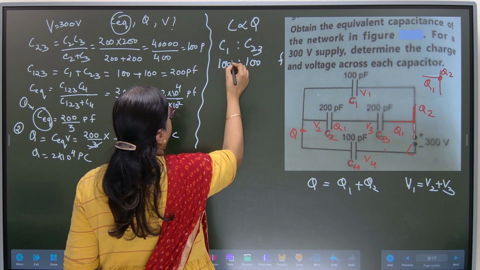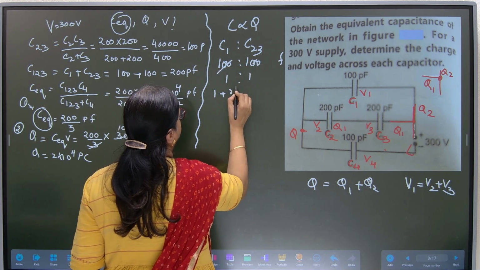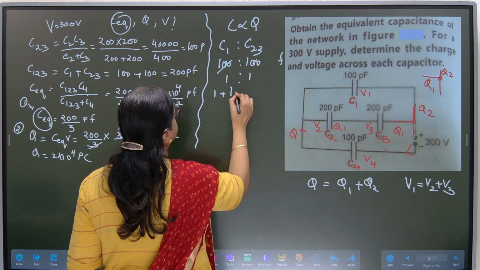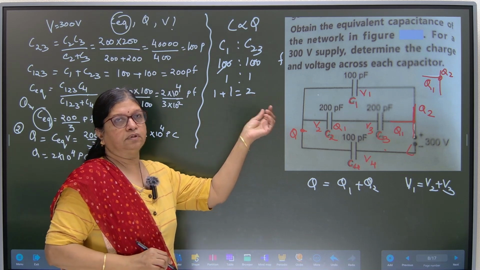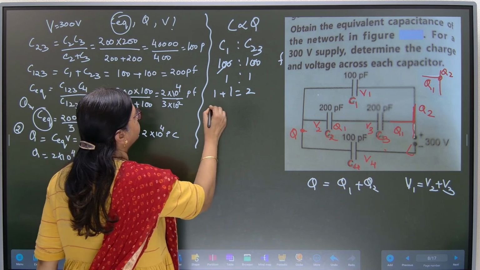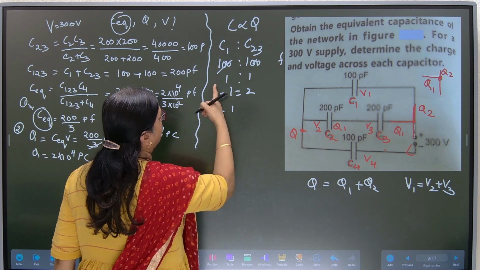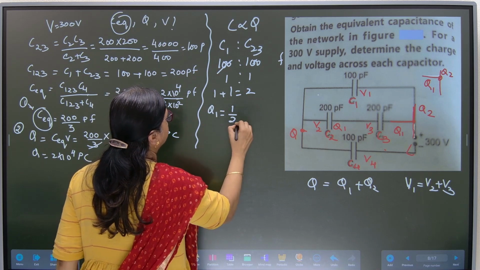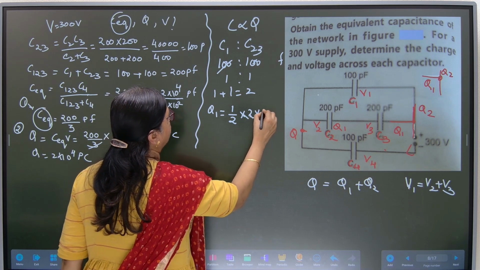So if I cancel out, I'll get 1 is to 1. 1 plus 1 is equal to 2. So total is 2 and parts are 1 and 1. Simple.